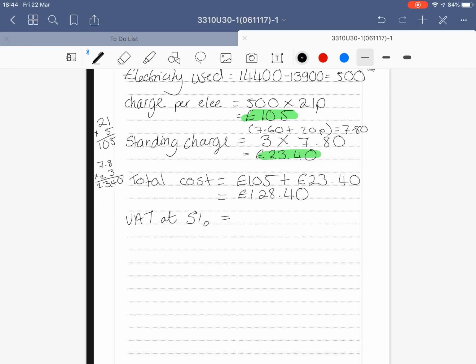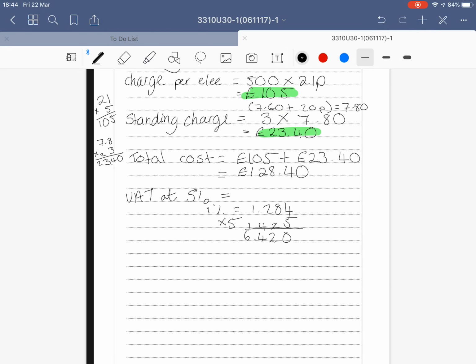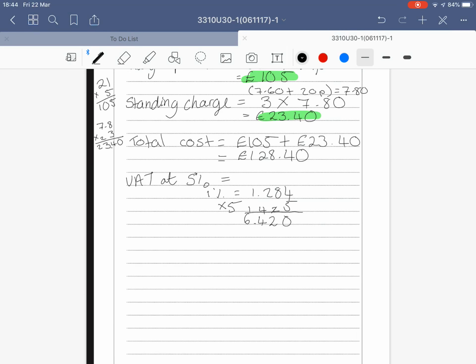So we need 5% of 128.40. We need 1%, so I'll divide it by 100, which is 1.284. And we need 5 of those, so times that by 5. 4 fives are 20. 5 eights are 40, add the 2, 42. 5 twos are 10, add the 4, 14. 5 ones are 5, add the 1, 6. So that's £6.42 for VAT.